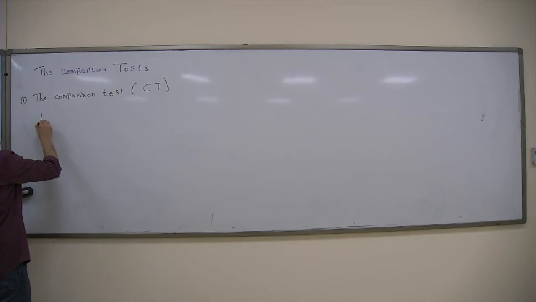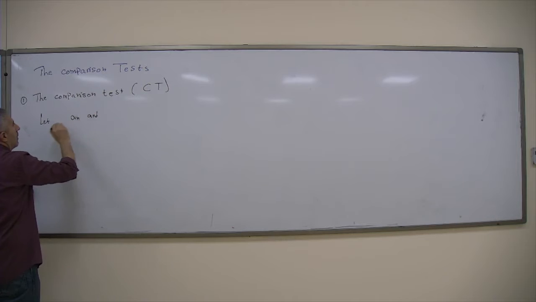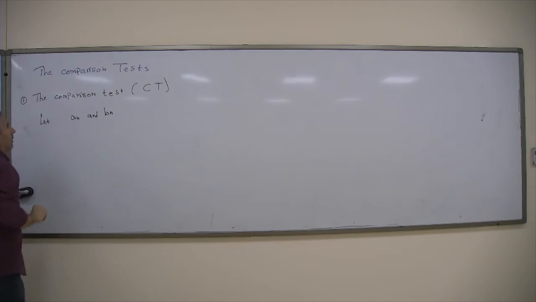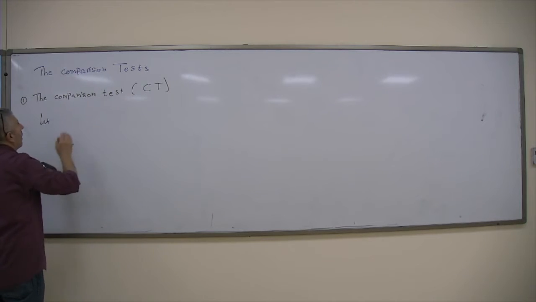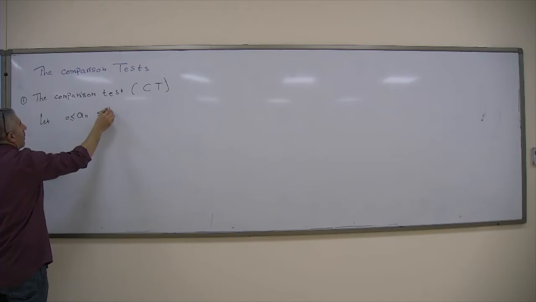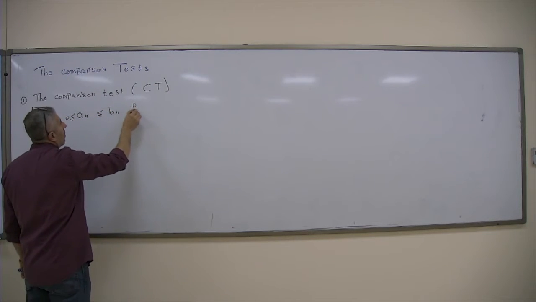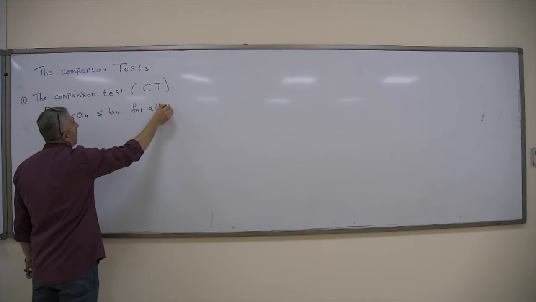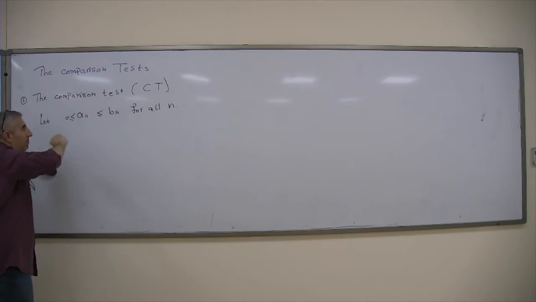Let A_n and B_n be two sequences of positive terms. Let me write it like this. Let A_n be larger than or equal to 0, smaller than or equal to B_n for all n. Okay?